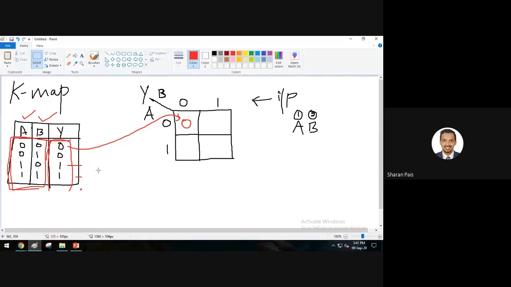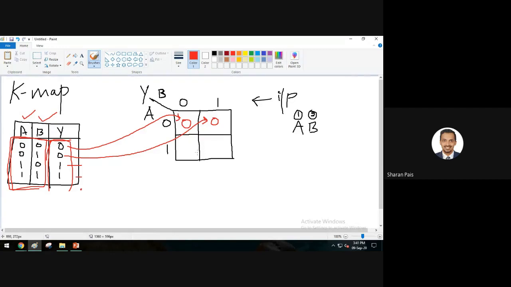Okay. What about the next one? The next value in the table is 0, 1. That means A is 0, B is 1. A is 0 means this row. B is 1, so it is this one. What is the output? 0. So this is written at this position.